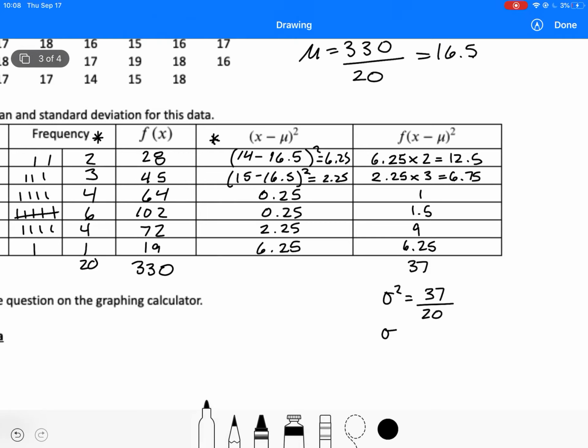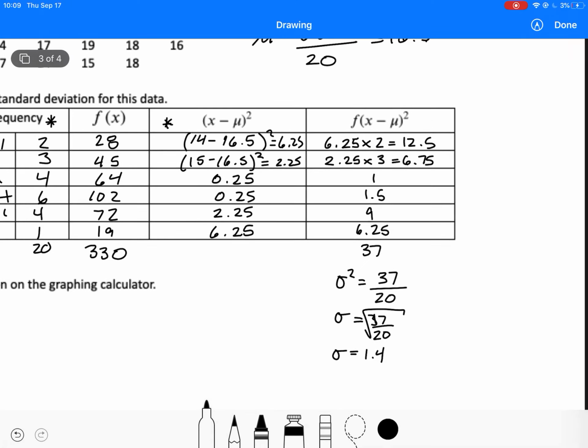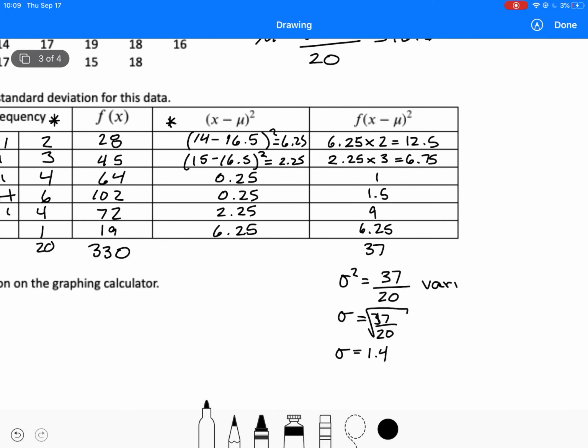Okay. And so our standard deviation is going to end up being the square root of that value, so 37 over 20. And so we're going to get that it's equal to 1.4. So we've got our variance of our data set, and then our standard deviation here.